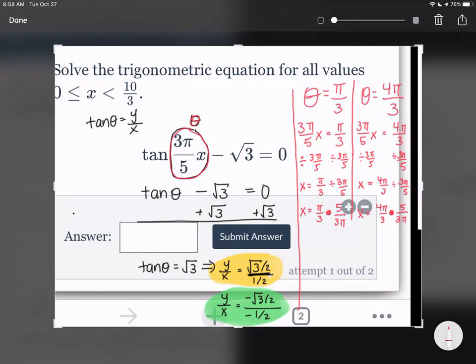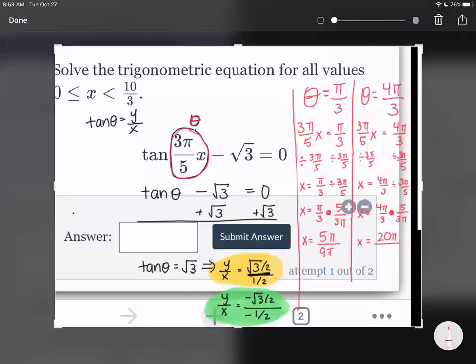Okay, so now that we've flipped it and switched it to multiplication, you can multiply straight across. So we have 5 times pi on the top, that's 5 pi. And then we have 3 times 3 pi, that's 9 pi on the bottom. And for this one, we have 4 pi times 5 on the top, that's 20 pi on the top.